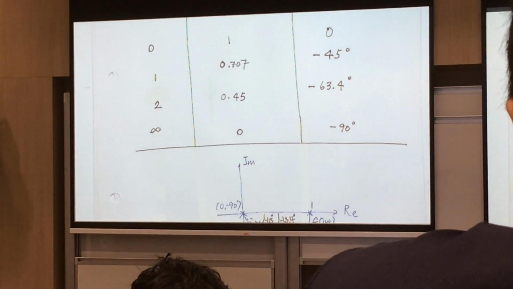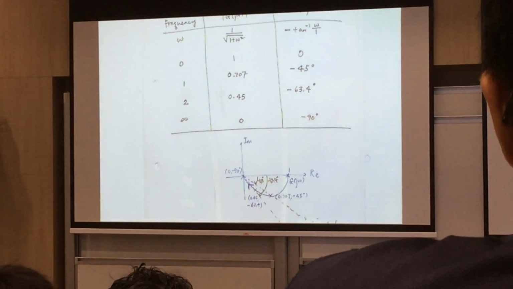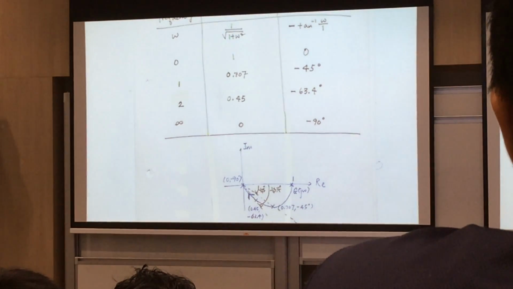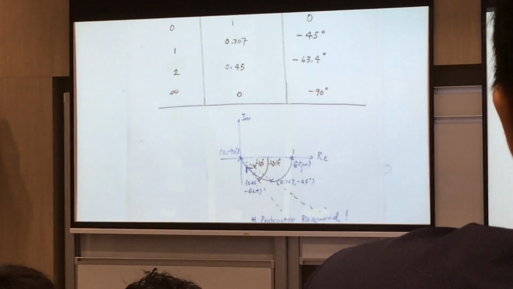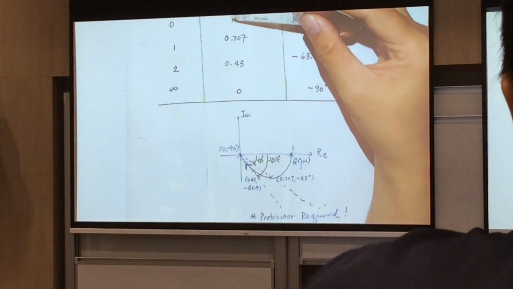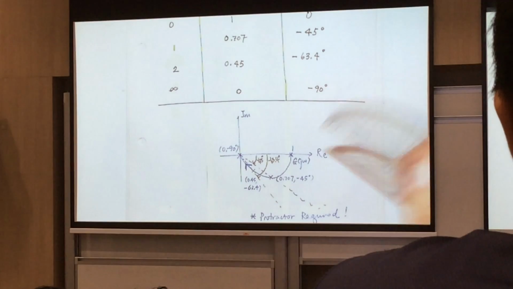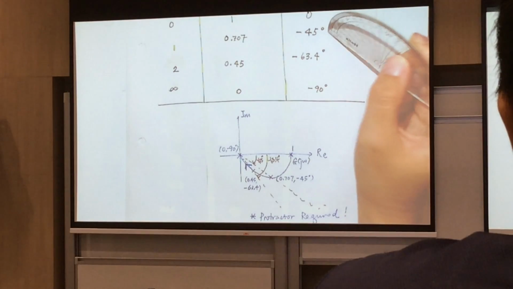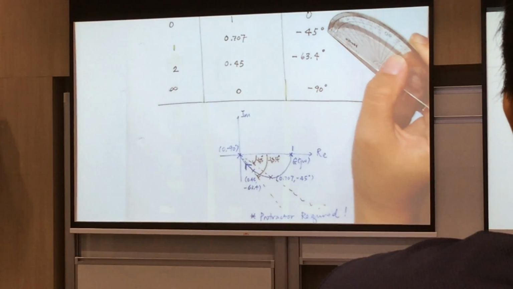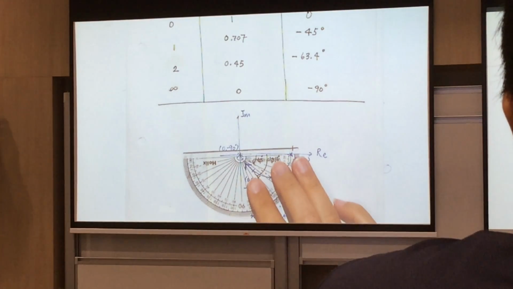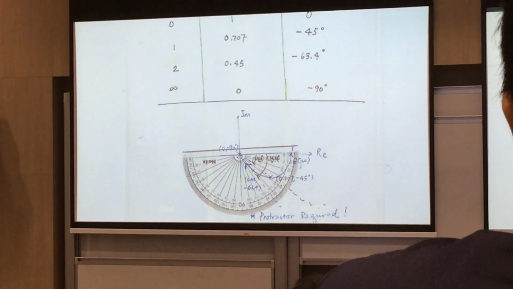So how do you plot a nice plot with those values? A protractor is required. For omega 0, the magnitude is 1 and the angle is 0, just mark it. For 0.707 at minus 45, put your protractor on the graph, since you'll be expected to draw on graph paper.